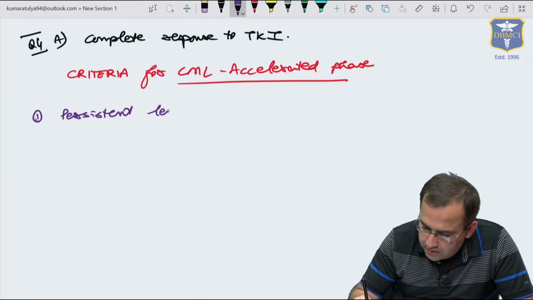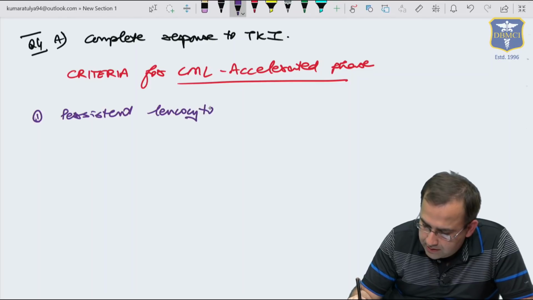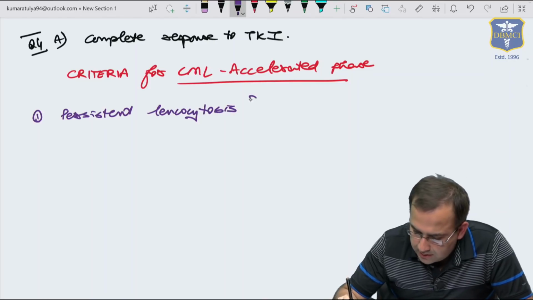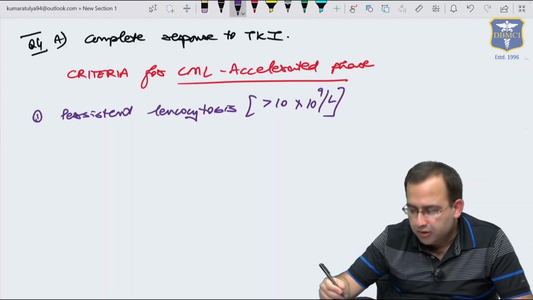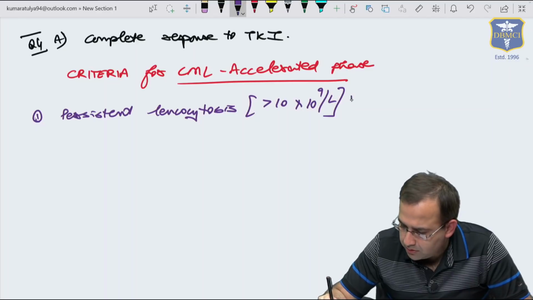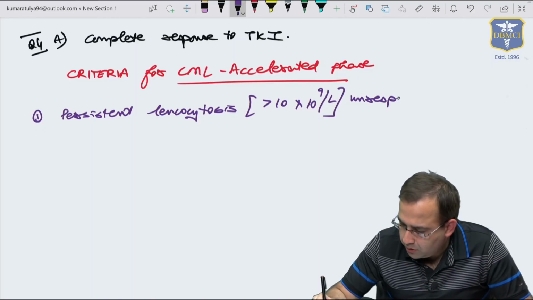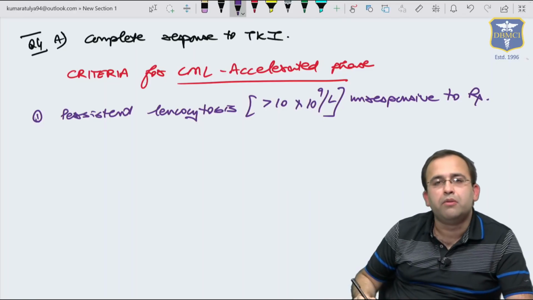How much? More than 10 into 10 to the power 9 per liter, more than 10 lakh. Persistent leukocytosis, unresponsive to therapy.